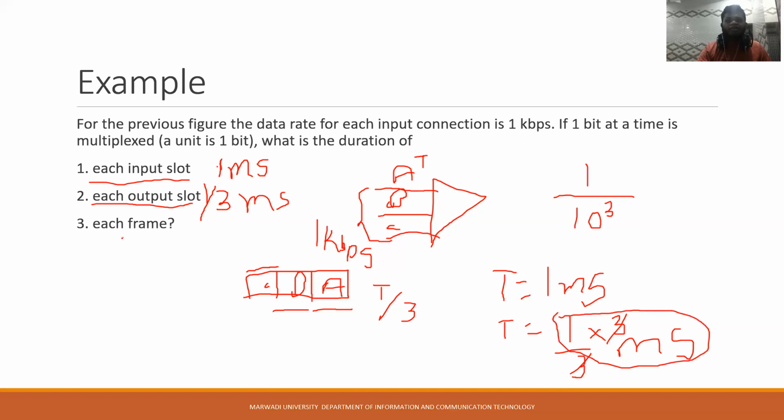So each frame would have duration of 1 millisecond. Another way is this would always equal this in most of the cases. So the duration of the input slot will be the duration of each frame. So that is 1 millisecond.